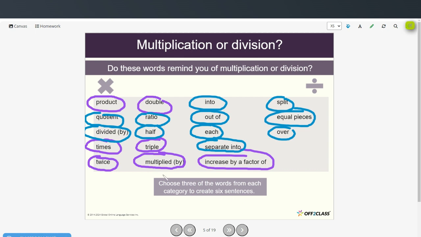And again, take 3 words from the purple category and 3 words from the blue and make sentences.